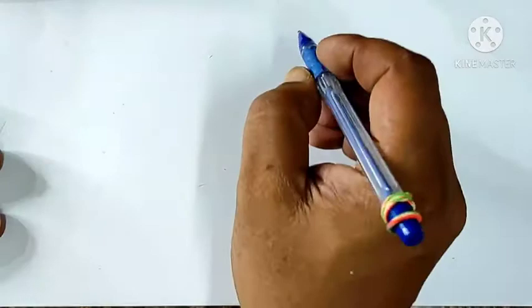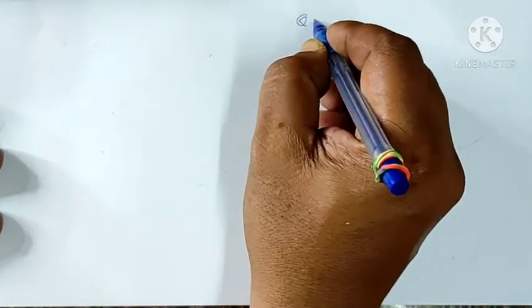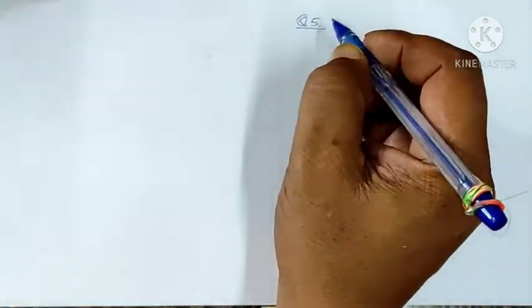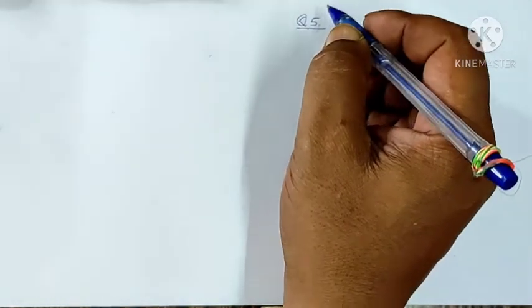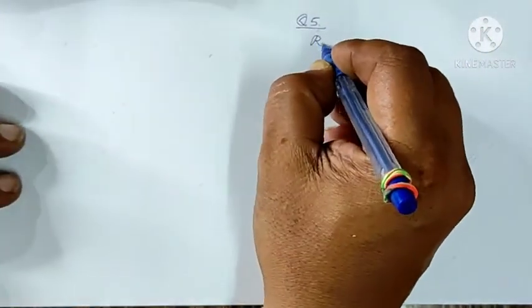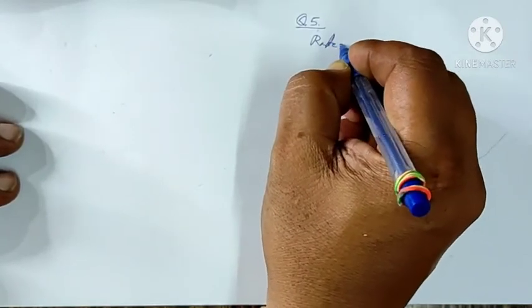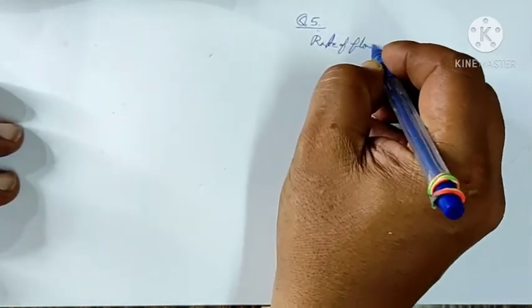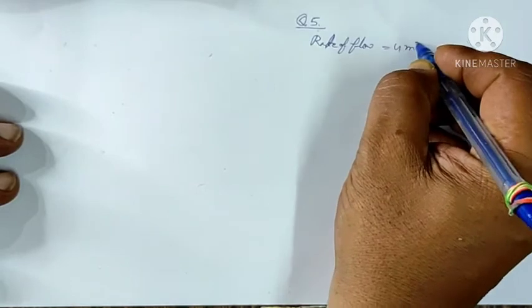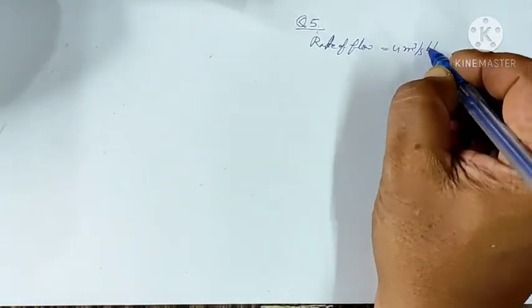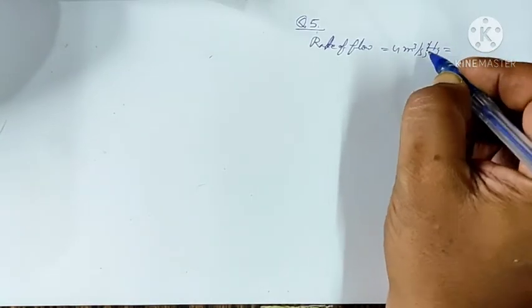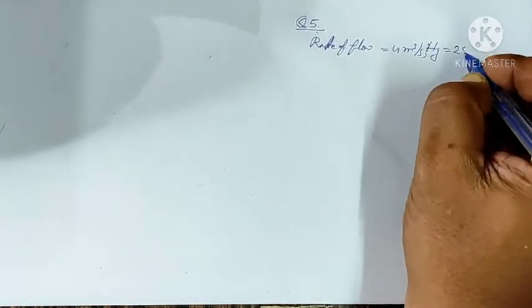In the question number 5, it is given that the rate of flow is 4 meter cube per second. The gross head is given as 250 meters.